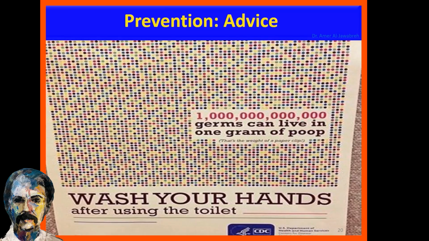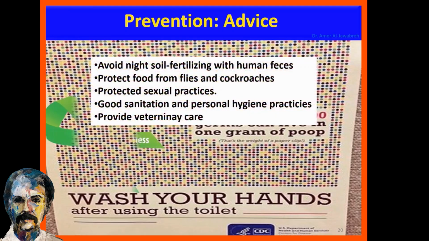Prevention advice, this applies to all parasitic diseases, which we talked about in earlier lectures. Avoid night soiling, which is fertilizing using human poop or human feces. Protection of food from insects like flies and cockroaches. Use protected sexual practices for those communities who have abnormal sexual practices.